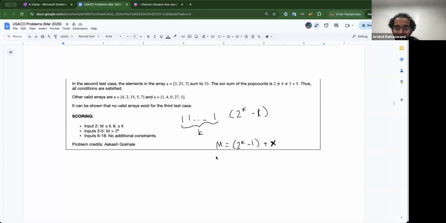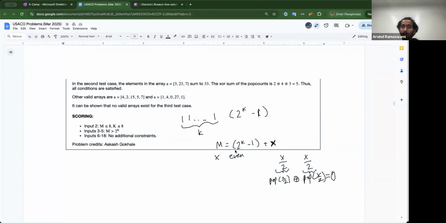If x is even, then this is pretty solvable, right? The idea is that if you consider x over 2 and x over 2, you can divide it in half, and these have equal pop counts. So the pop count of x over 2 XOR the pop count of x over 2 is going to be 0.